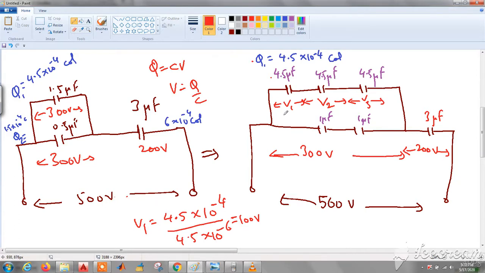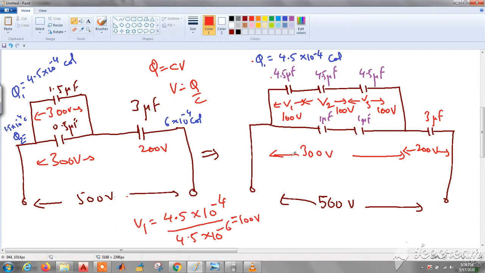That is, V1 is equal to 100 volts, V2 is equal to 100 volts and V3 is also 100 volts, because V2 is Q by C and V3 is also Q by C. Because the capacitors have the same values, all 4.5 microfarad, that's why we are getting the same voltage across them.